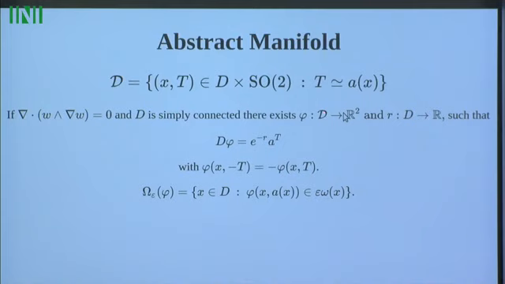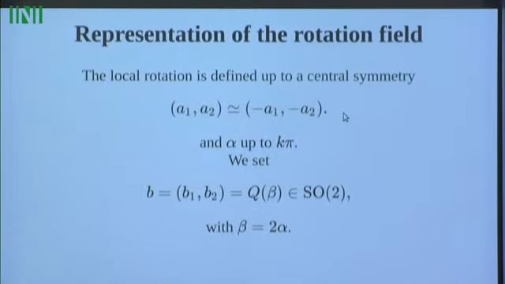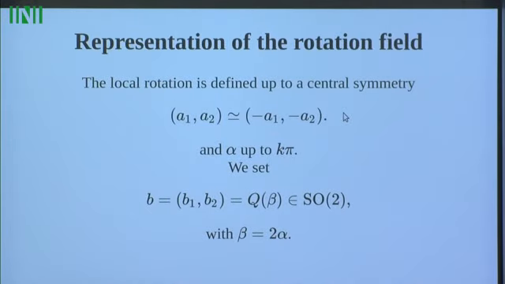And what this manifold rounded D is, it's basically a two-sheet covering of D. On each element X of D, an orientation A is given, and we have introduced previously, sorry, it's here, an equivalence relation. I will say that two rotations are equivalent if you can pass from one to another by a central symmetry.